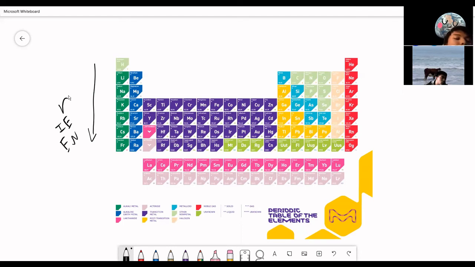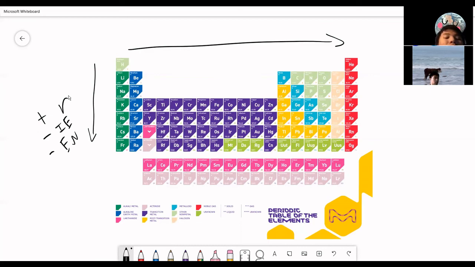Because more shells are unlocked, the radius is obviously going to increase, and that means that the attractive force between the outermost electrons and the nucleus is going to decrease, which would lead to a decrease in ionization energy and a decrease in electronegativity. But this trend isn't as clear when we go through the period. Now, it's often said that it's because more protons are added, but more electrons are also added, right? So it doesn't really have a clear meaning.